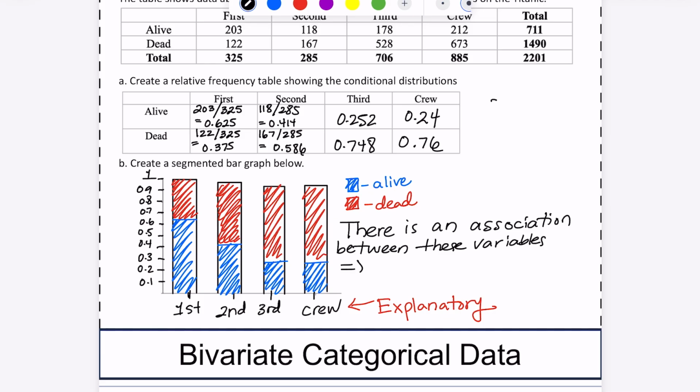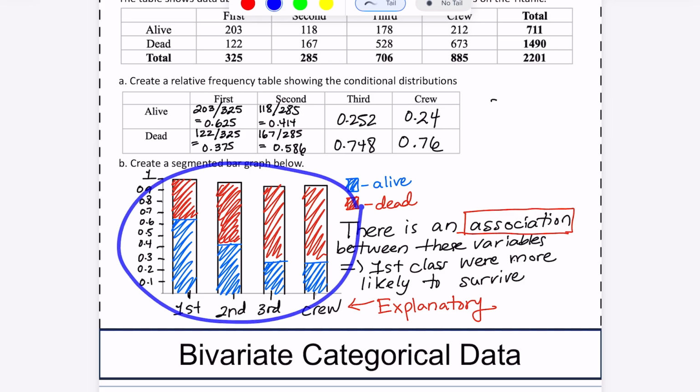Specifically, first class were more likely to survive. Okay, so that's a final important idea here, is the idea of an association. Okay, are the variables related, basically?